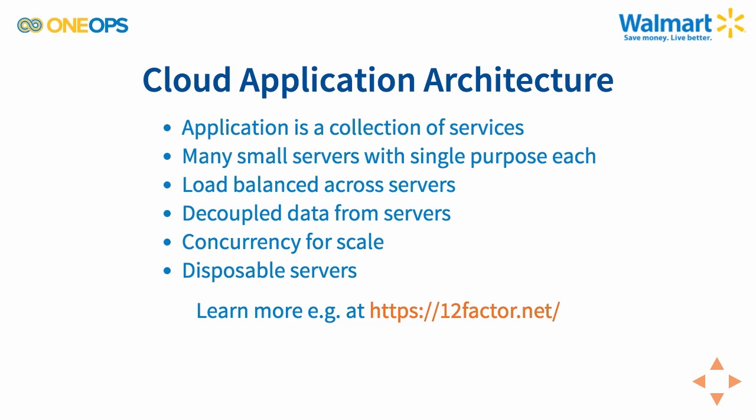Load balancers provide access to the different services, and the data for these different servers is decoupled from the actual servers. Concurrency is used for scale, so you just throw more individual small servers at them, and each one of the individual servers is disposable. So if a failure happens, another one can just pick it up. The load balancer will take it out of the active nodes to receive traffic, and everything will continue to work.